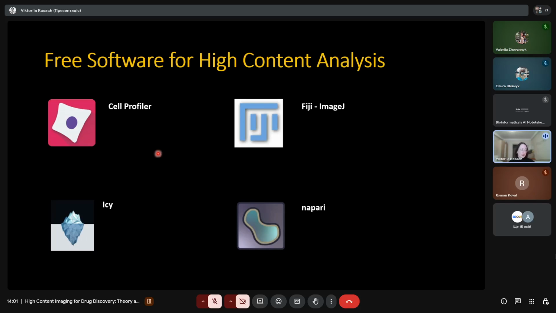It is also very convenient for phenotypic profiling, because this software, together with the phenotypic profiling Cell Painting kit, was developed by Anne Carpenter, so the same person. And there are a lot of image analysis workflows on GitHub and on their website dedicated to phenotypic profiling.